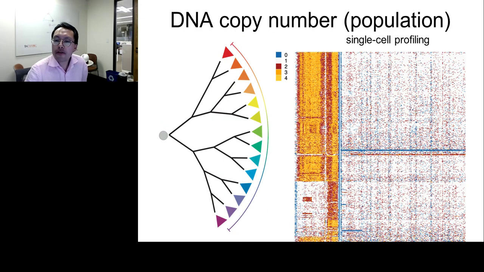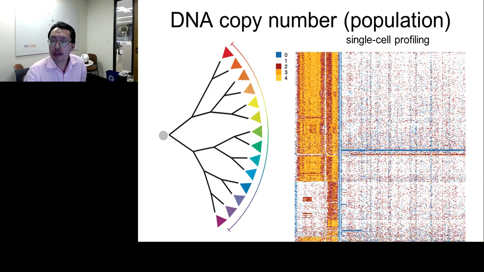In order to gain further resolution into the amount and degree of genetic diversity in the population, we further performed single cell profiling. In this case, we selected hundreds of cells from the progeny population and profiled their DNA copy number using a recent assay developed by 10x Genomics, which allows us to interrogate DNA copy number of hundreds of single cells in a parallel fashion.